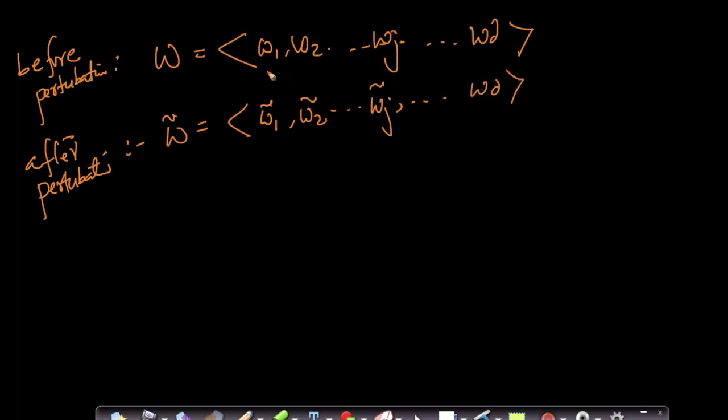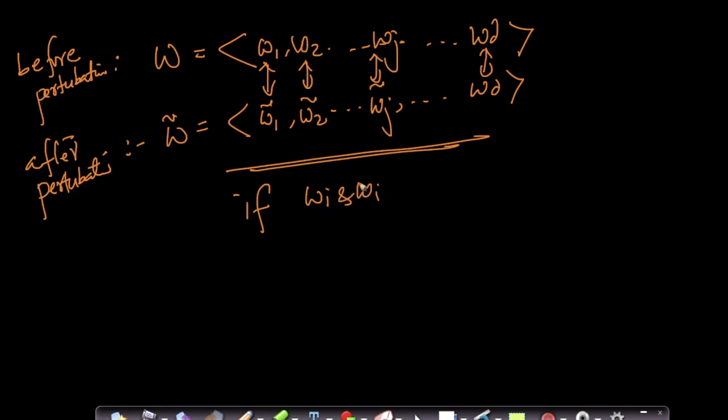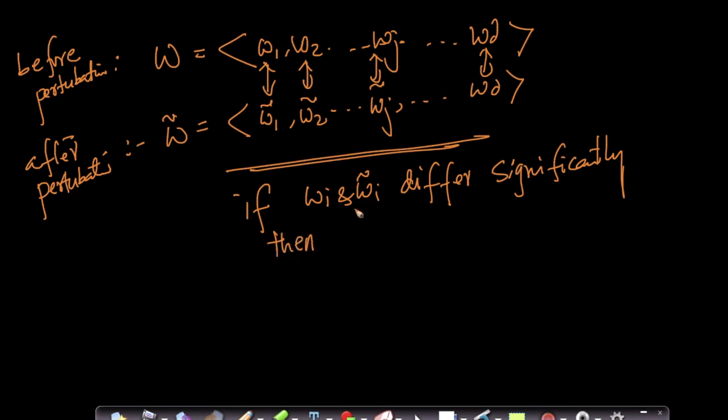Now, if these two values differ drastically, if Wi and Wi tilde differ significantly, where small changes are okay, then you can conclude that your features are collinear.